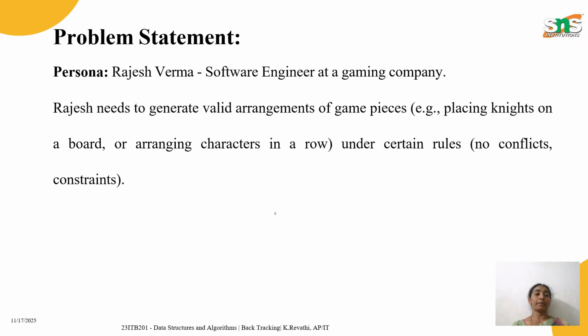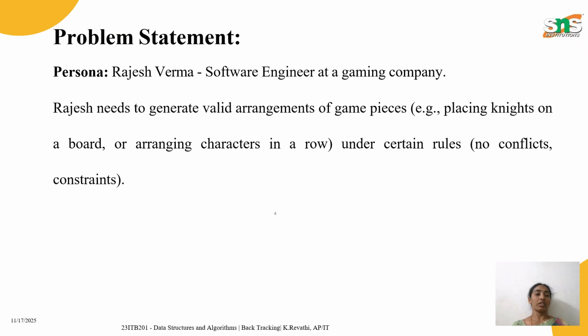Start with the problem statement. Imagine you are Rajesh Verma, a software engineer working in a gaming company, and your job is to generate valid arrangements of game pieces. This can be in the following ways: placing knights on a board, arranging characters in a row, making sure no two pieces conflict, then following specific rules or constraints.